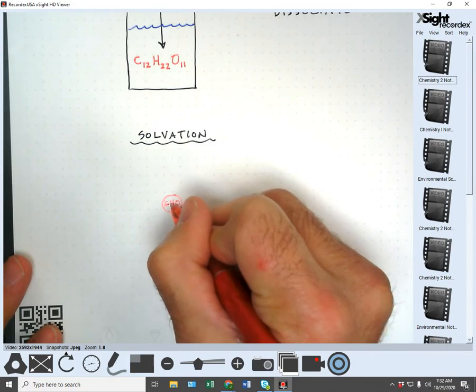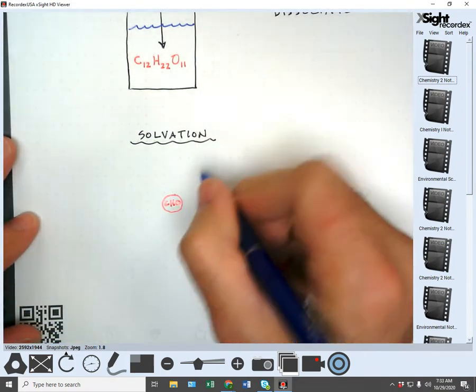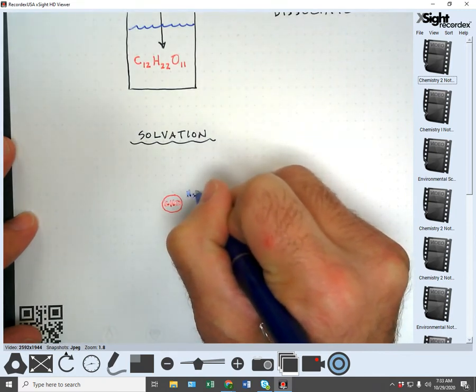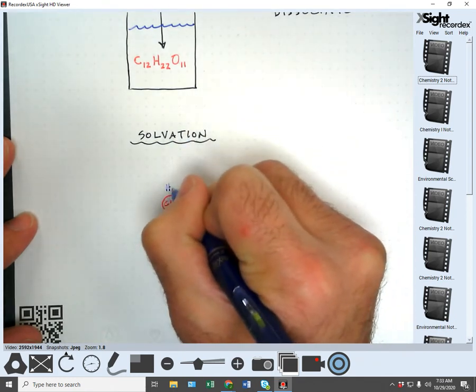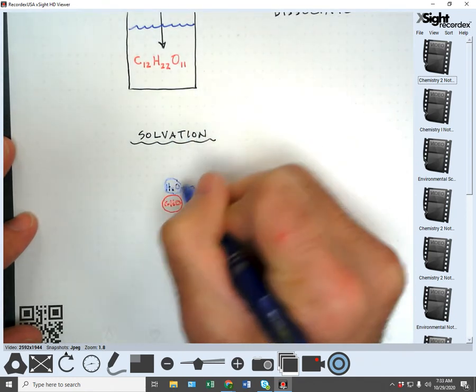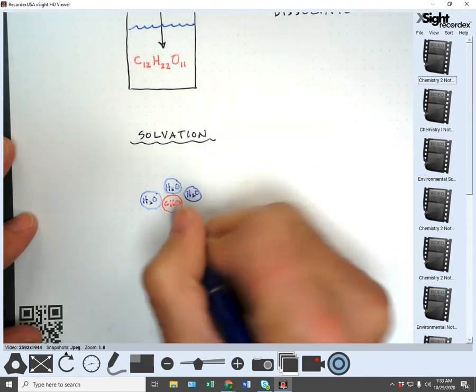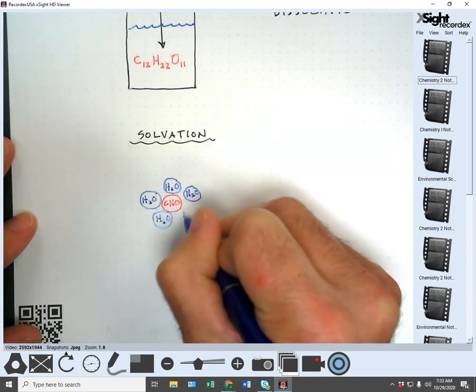So what happens is when this enters water, the water molecules cluster around it.